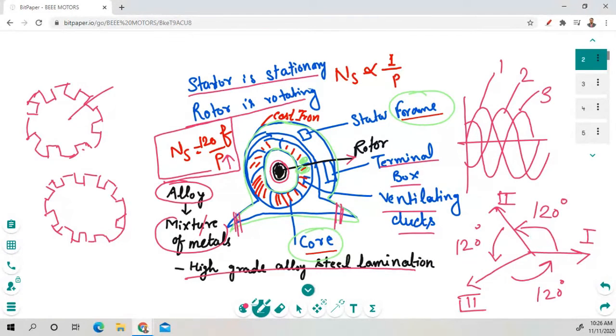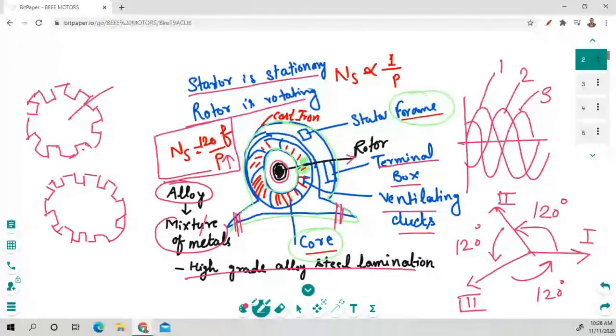Now, squirrel cage and phase wound rotor. A squirrel cage rotor consists of a laminated cylindrical core having semi-closed circular slots. Copper or aluminum bar conductors are placed inside these slots and short circuited to each other by copper or aluminum rings.